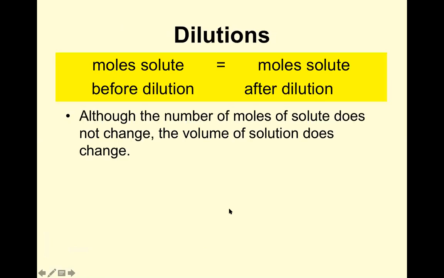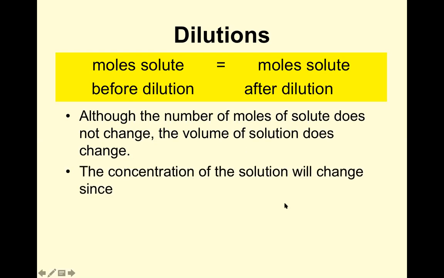Okay, so although the number of moles does not change, the volume does change quite a bit. So thinking back on the very concentrated acids, I can take just a few milliliters of some of that very concentrated acid, and I can make enough of the dilute solution to give to the whole class for the experiment.